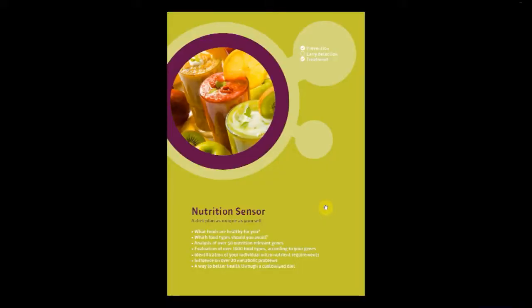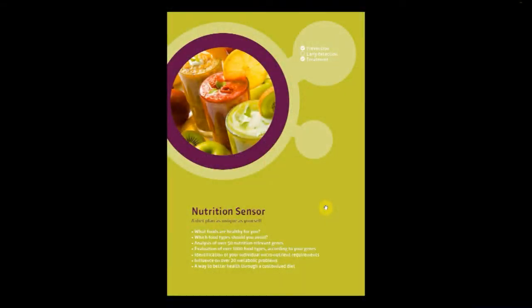So as this program is structured in such a way that you can use genetics to improve weight loss, or use genetics to eat healthy, or do both, there are different sections in the report depending on what you've ordered. So this here is a nutrition sensor part. This is the eating healthy part, to make sure your body gets the right nutrients.